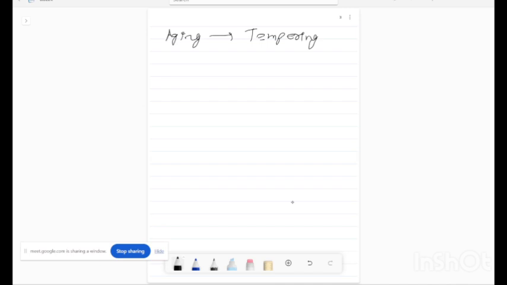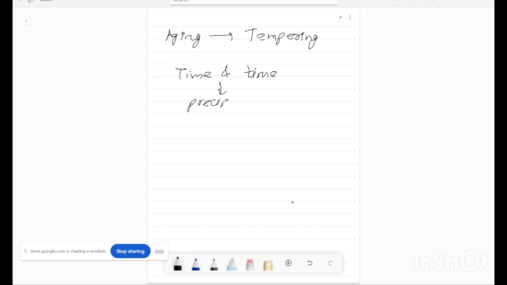In the process of aging, tempering, and the stress relieving operation, the time and temperature also play a role in defining the precipitation and the precipitate size.